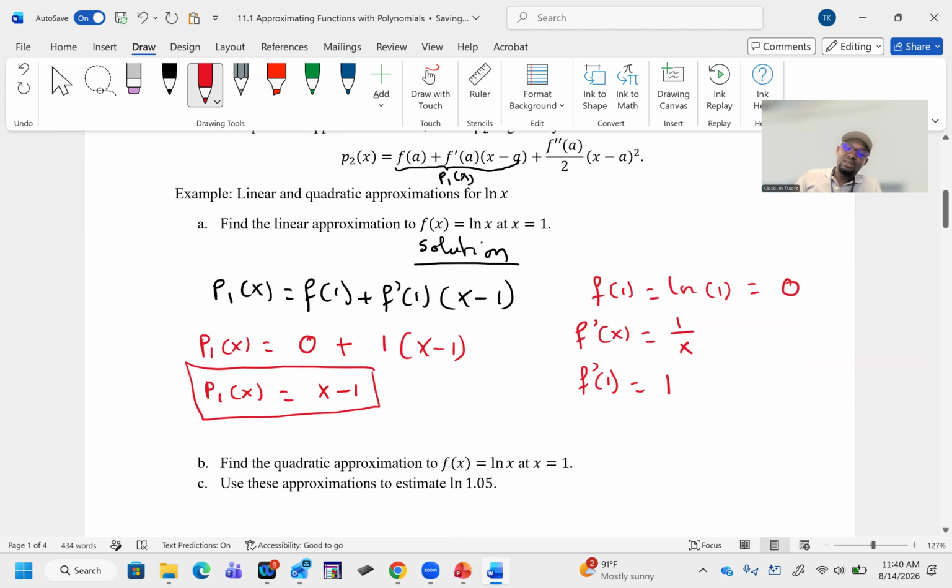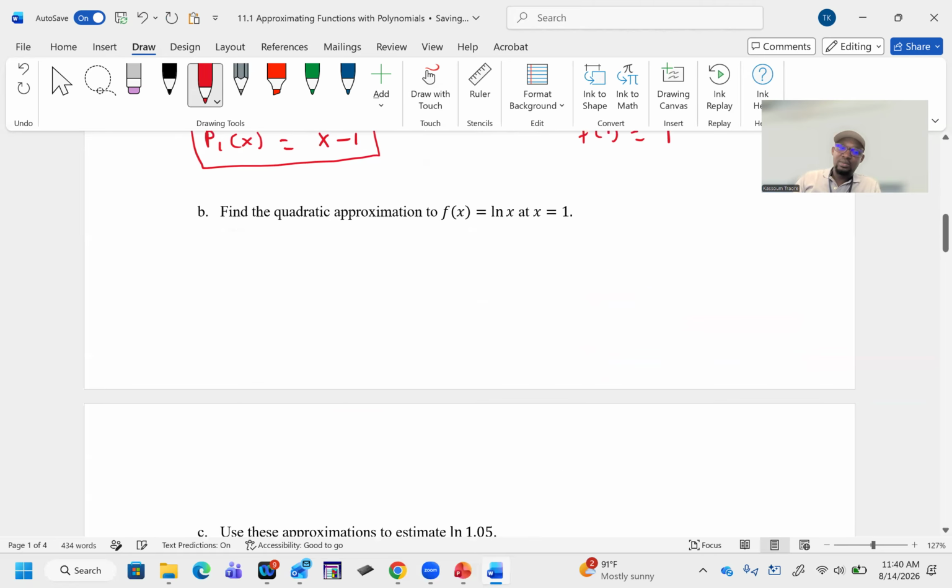B, the quadratic approximation. Again, solution.